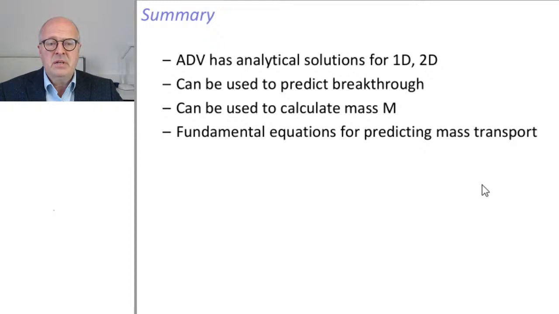Fitting the ADE to data can help you to predict the breakthrough, and it will help you, and this is why I explained all this, to calculate the mass M, because with this equation you can simulate the response of your aquifer to injected masses.